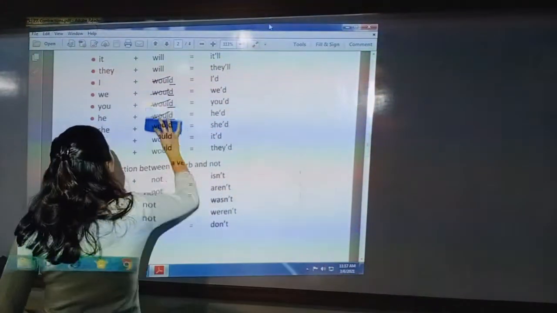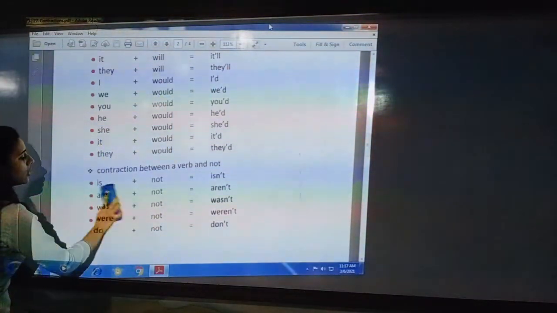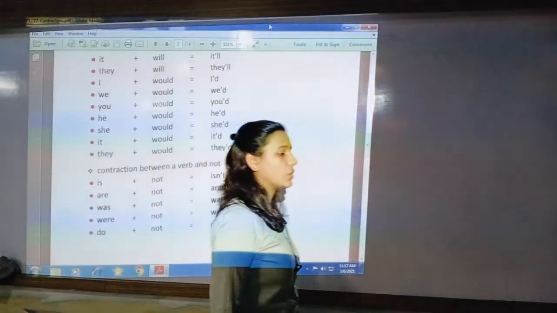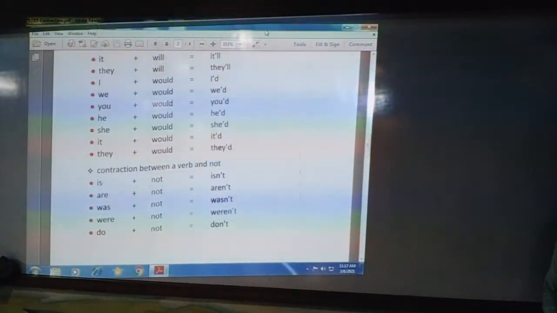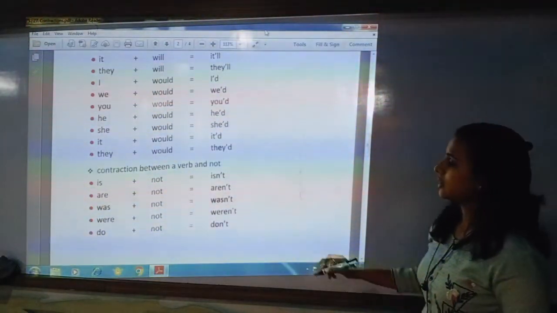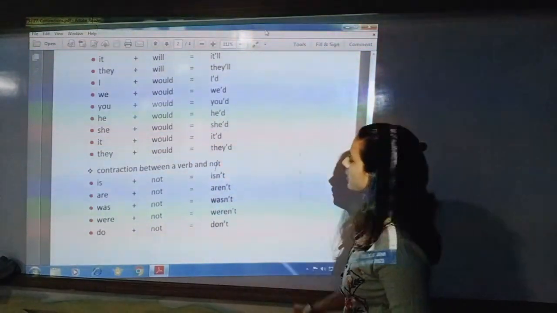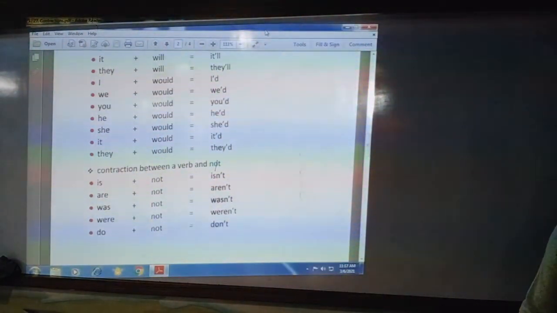Next is contraction of not. So how will that contraction be done? In not, the second letter is removed.